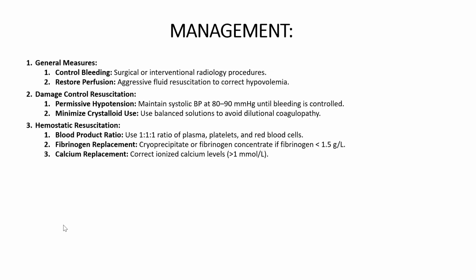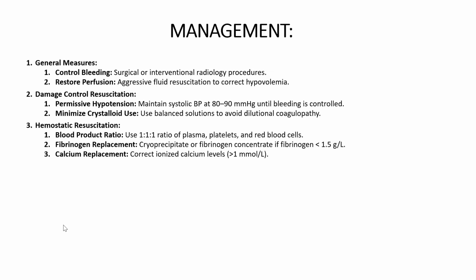Probably you have to keep a very close watch on such patients because they might slip into severe grades of hemorrhagic shock. Hemostatic resuscitation, you all know the PROPPR trial, which came up with the use of a 1 is to 1 is to 1 ratio of plasma, platelets and red blood cells. Fibrinogen replacement is based on the level of fibrinogen drawn from the patient sample at the time of arrival.